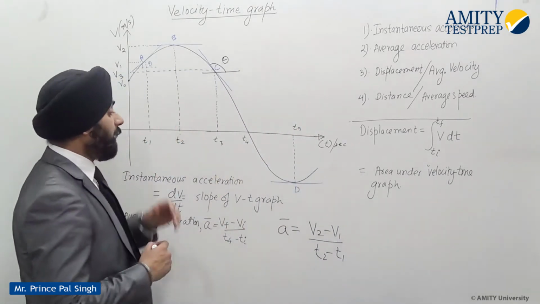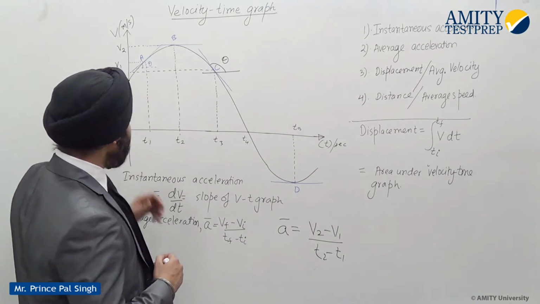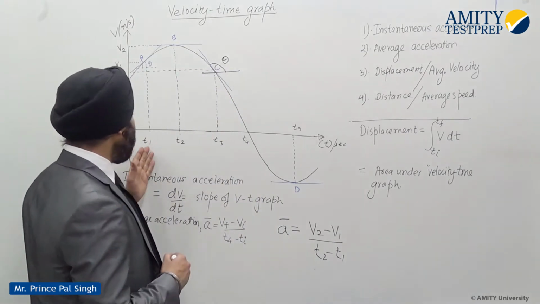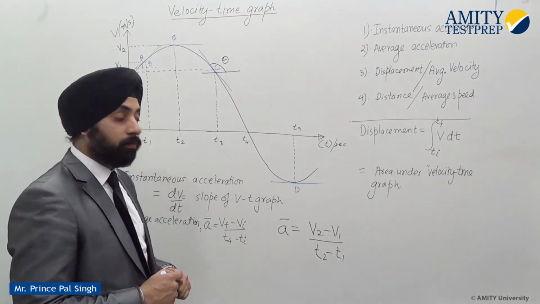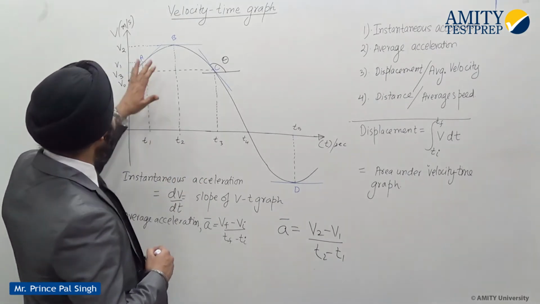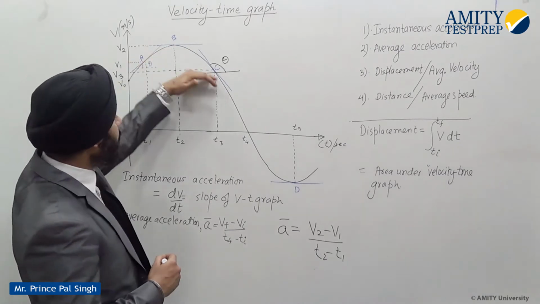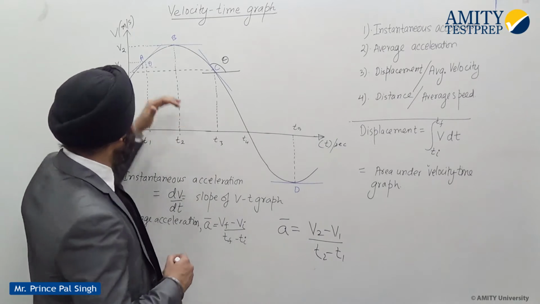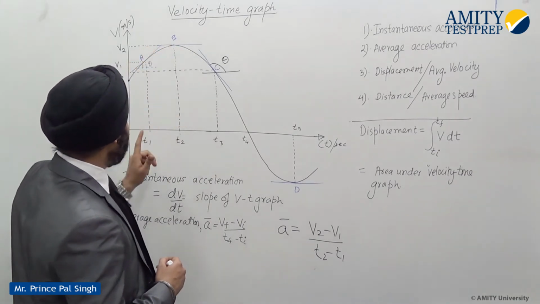So this is the velocity time graph, and let's say we want to find the displacement of the particle from t1 to t3. Just find the area under the vt graph from t1 to t3. We will get the displacement of the particle from t1 to t3.